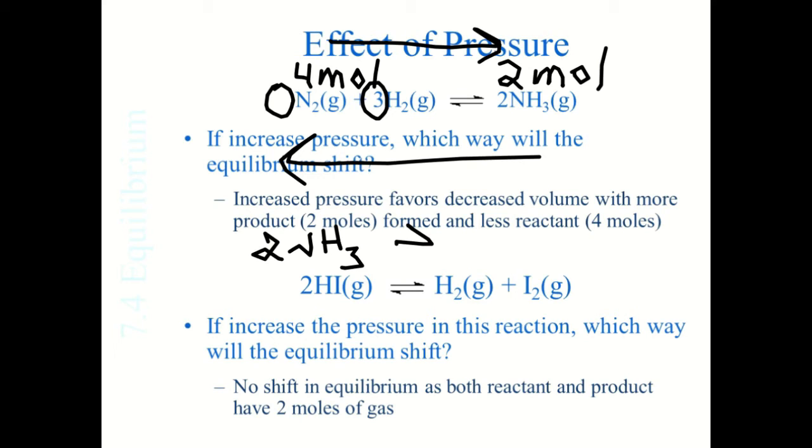So if they wrote NH3 produces N2 plus 3 H2, then NH3 is the reactant now, just because I wrote it over on this side.